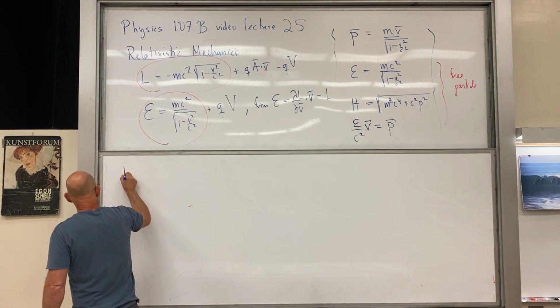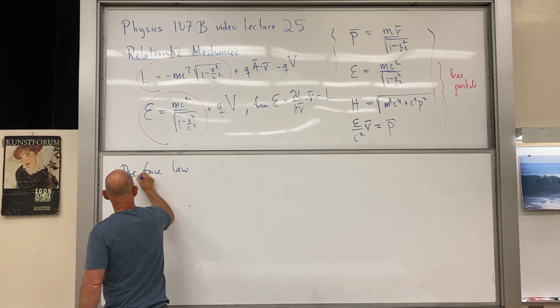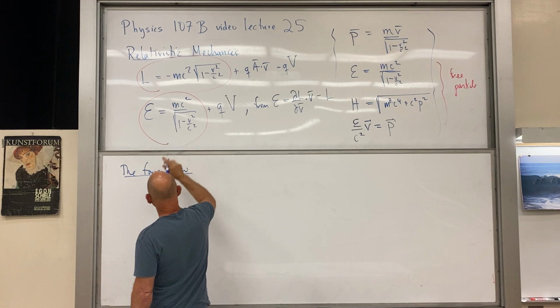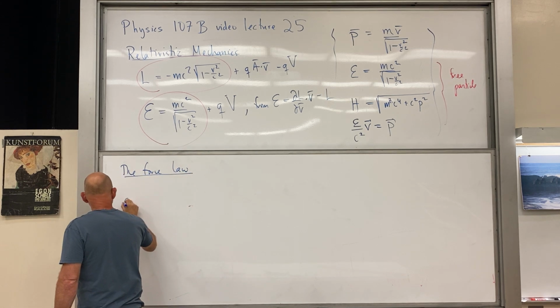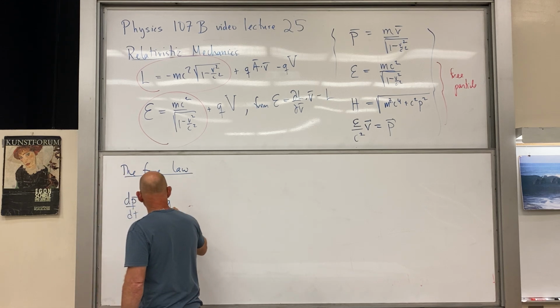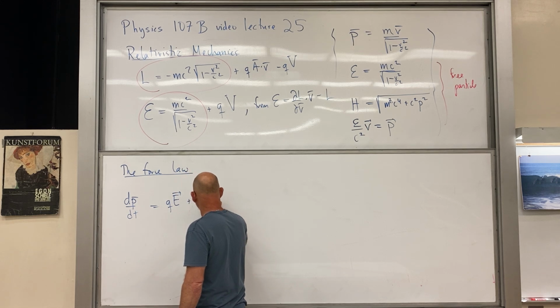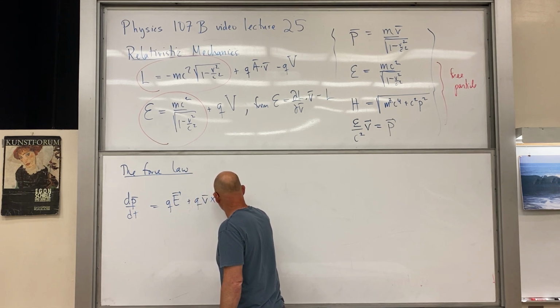So the force law that goes with that Lagrangian is going to be dp/dt equals qE plus qv cross B.